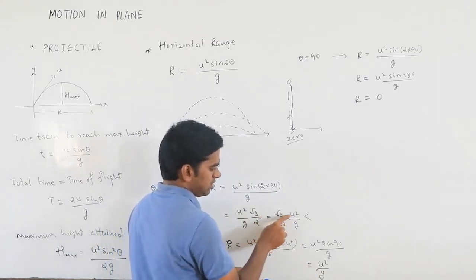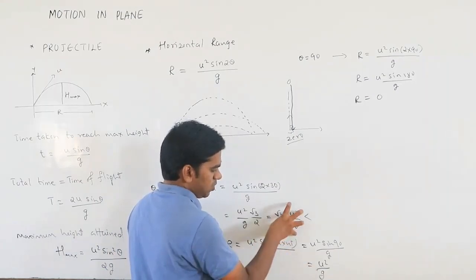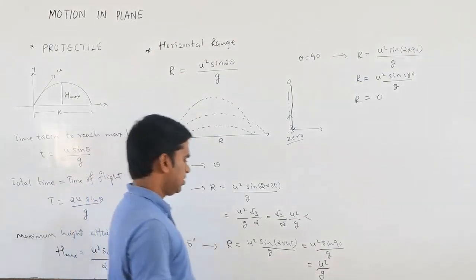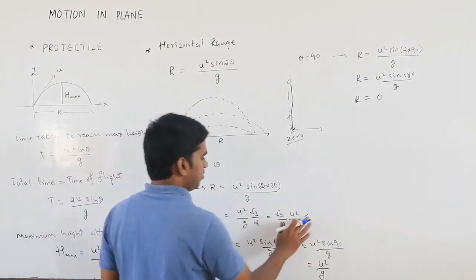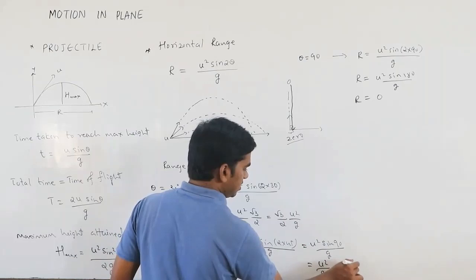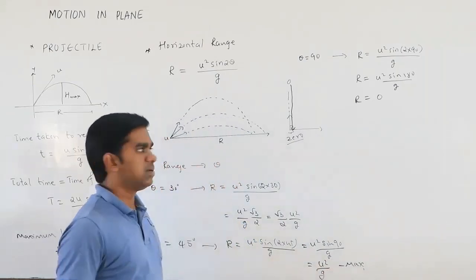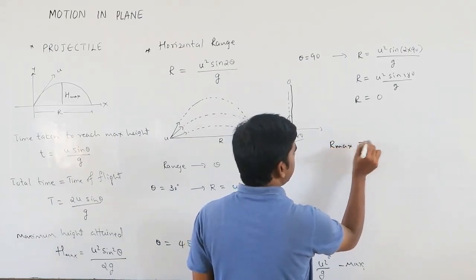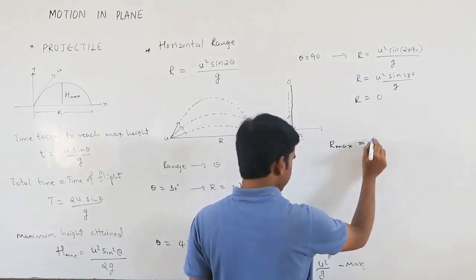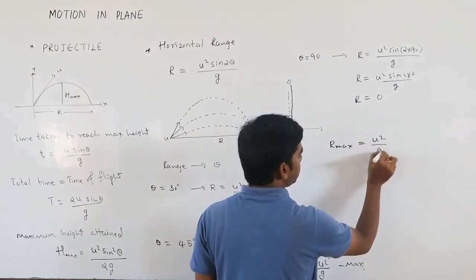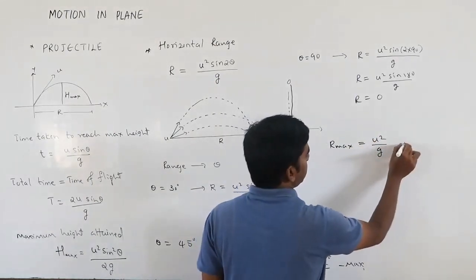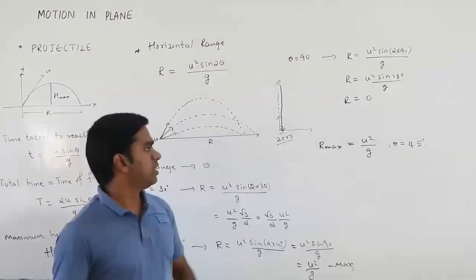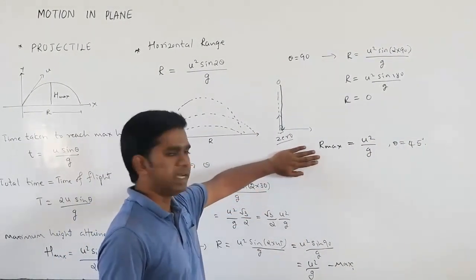Root 3 by 2 is less than 1, so this whole quantity will be less than u square by g. So this is the maximum range. R maximum equals u square by g. This is possible for theta equals 45 degree. This is what a physics-aware batsman should know.